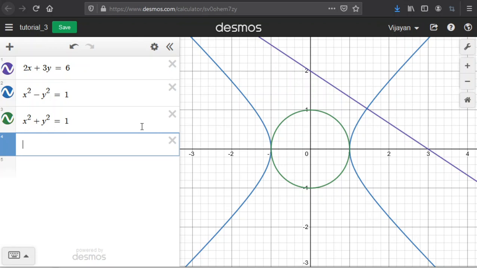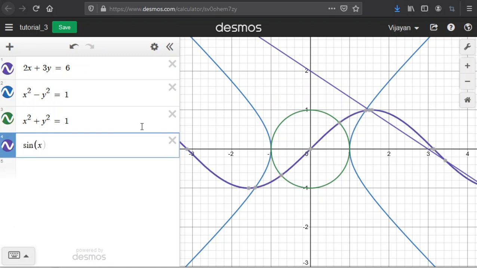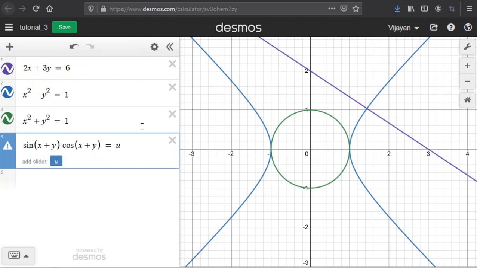Another important functionality I want to show: sine of x plus y times cos of x plus y is equal to, say, some value u, and this u is a constant, so I will add a slider for it.